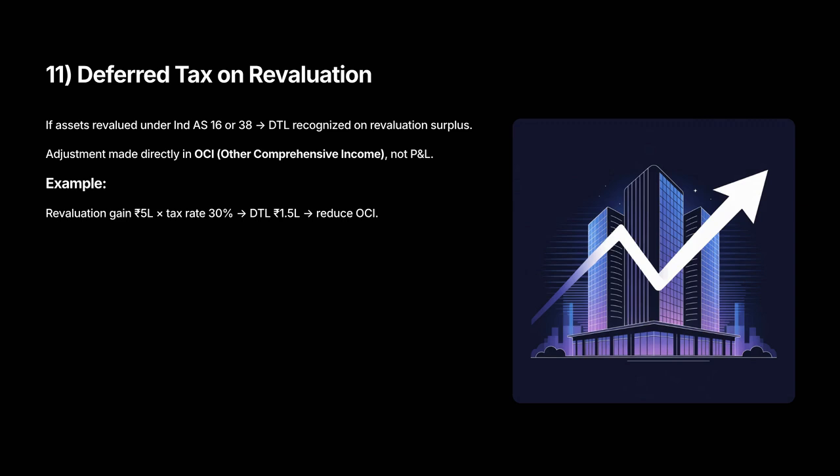So, you record the DTL immediately. But instead of showing it in the profit and loss account, you adjust it in other comprehensive income, or OCI. Example: revaluation gain 5 lakh, tax rate 30%, DTL 1.5 lakh. You reduce that from OCI directly.